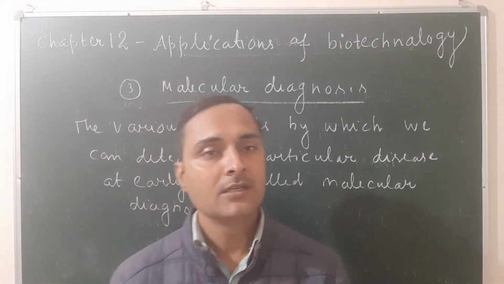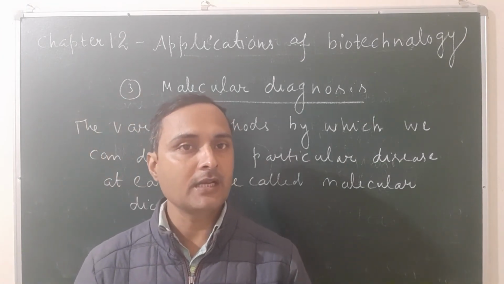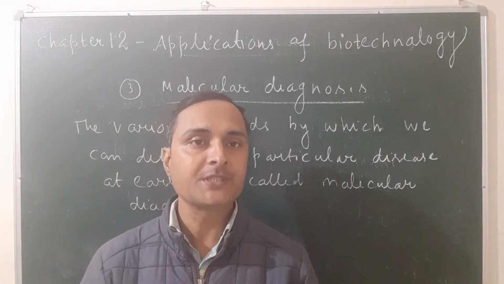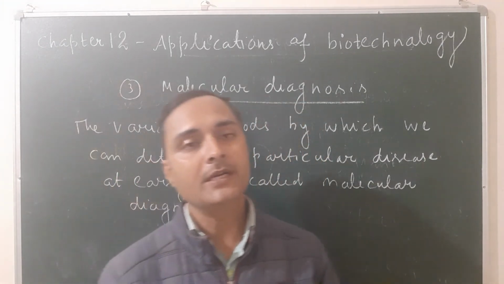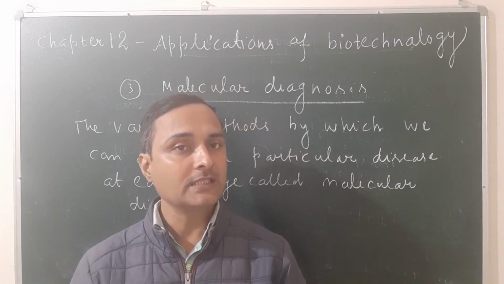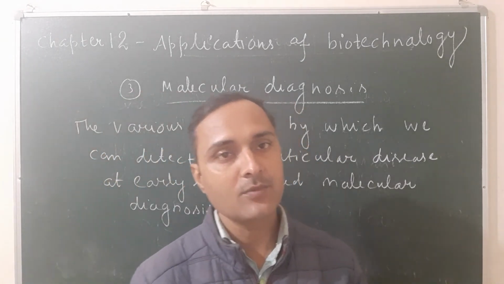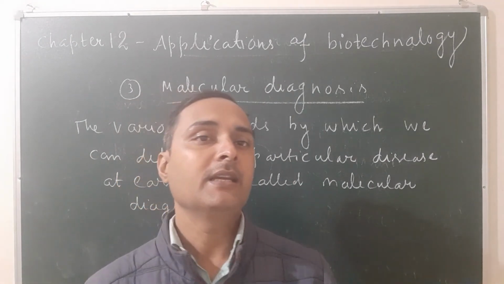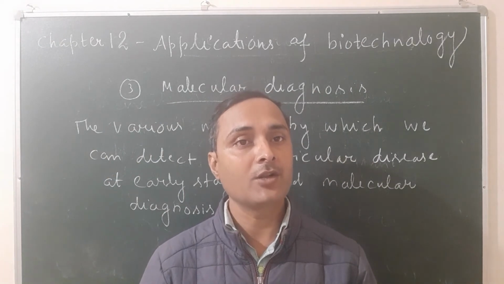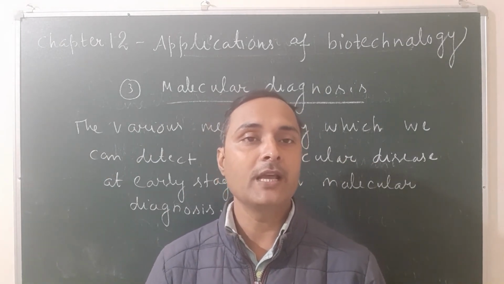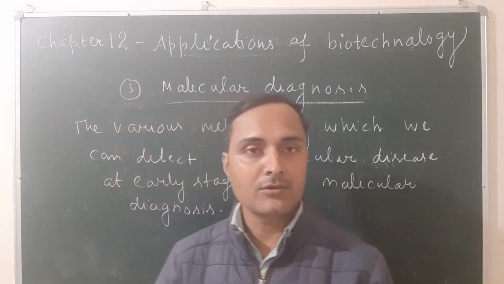In this method, radio-labeled single-stranded DNA and RNA, known as radioactive probes, are used to hybridize clones of cells to find out the disease. And ELISA is based on antigen-antibody interaction. In this method, a particular antigen is detected by using a special kind of antibody with the help of an enzyme called alkaline phosphatase. So this is all about molecular diagnosis.